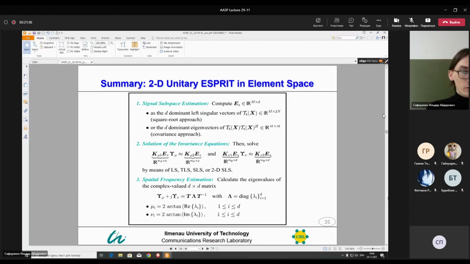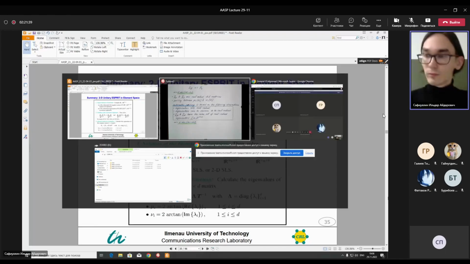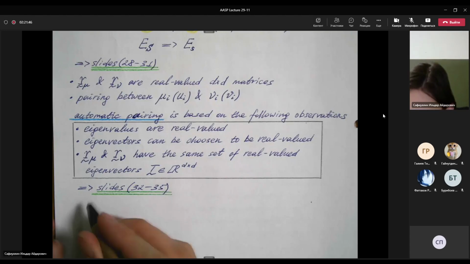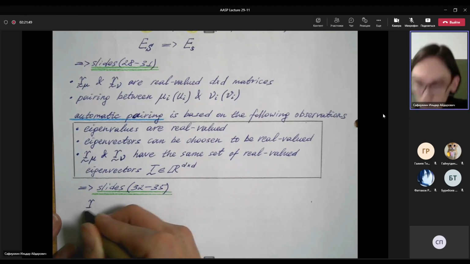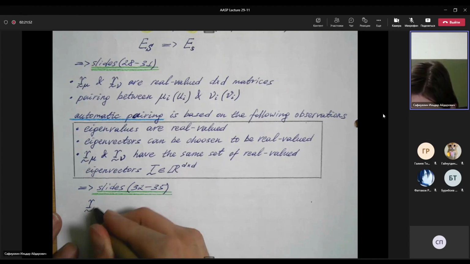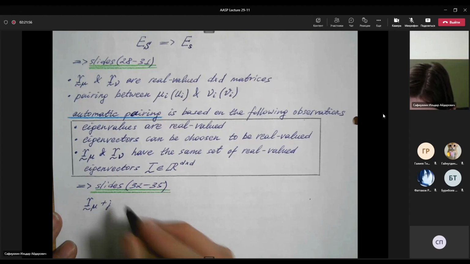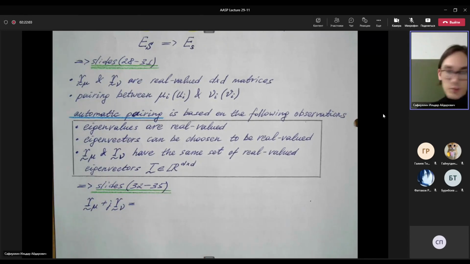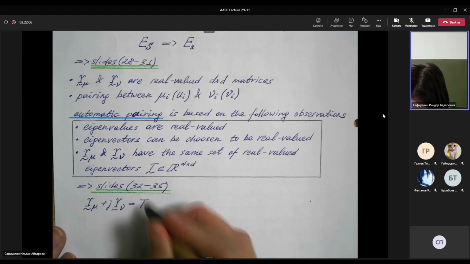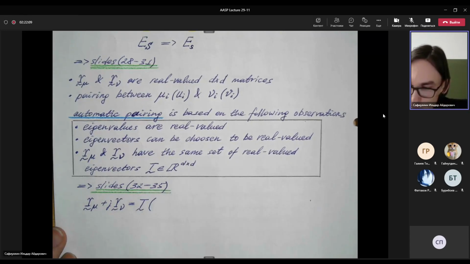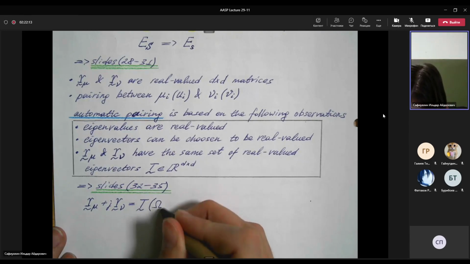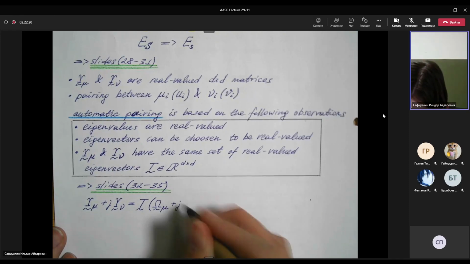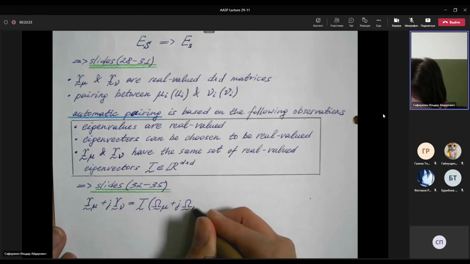So using, for example, we need to sum up epsilon sub mu plus j times epsilon sub nu, which is equal to matrix T times omega sub mu plus j times omega sub nu.